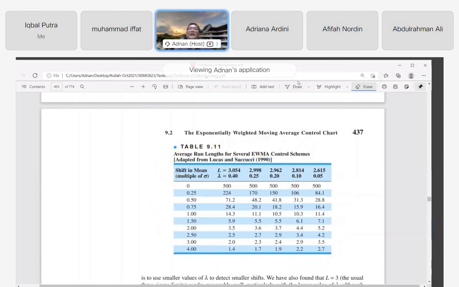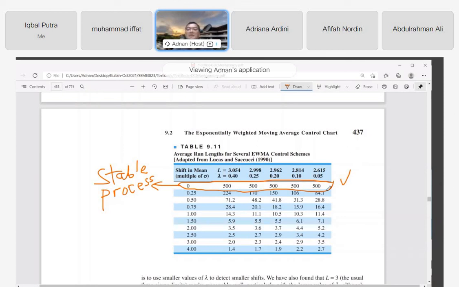The ARL value is 500, whereas Shewhart only gives 370. So it runs longer compared to Shewhart. On average, only after 500 runs does a false alarm happen, compared to 370 for Shewhart. So this is a very good method of process monitoring.